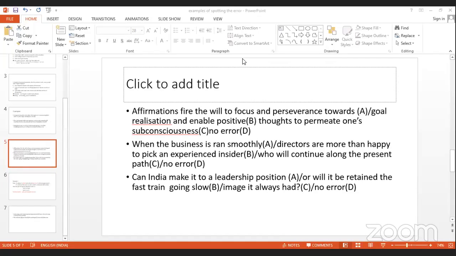Now, in spotting the errors, you have to practice a lot. You cannot get it at one go, but you have to practice so many times. Only then you will understand error in sentences. Yes, Kunal, examples of errors.